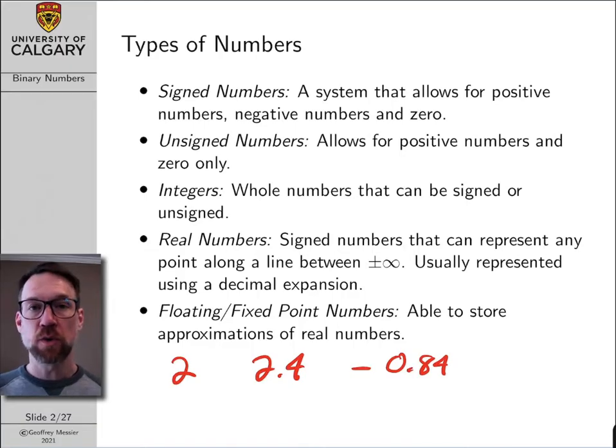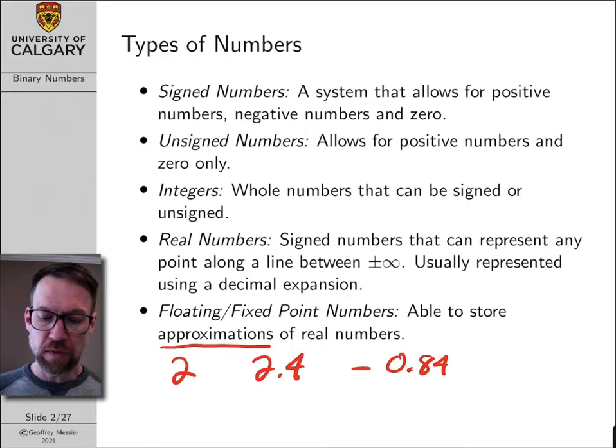And in this module, we're going to be talking about something called floating point numbers and fixed point numbers. And these are binary number representations that are able to store approximations of real numbers. And the reason why I use the word approximation here is, as we're going to see, the accuracy or the precision to which we're able to store numbers using fixed and floating point is limited.